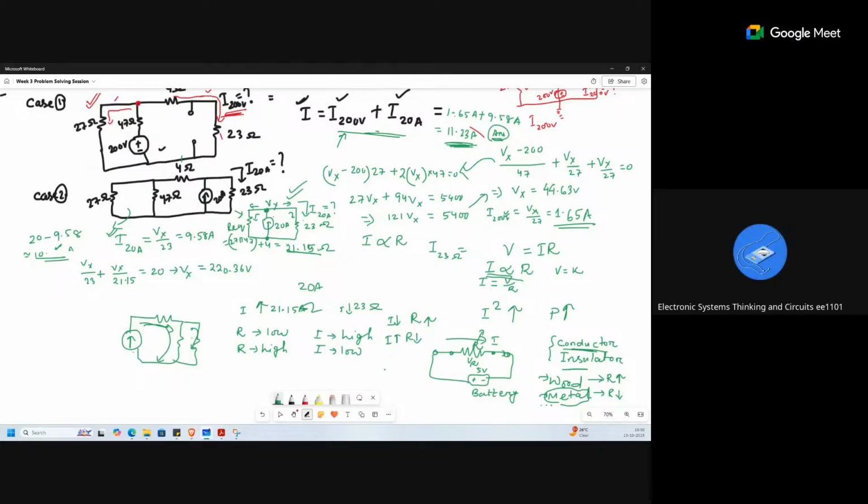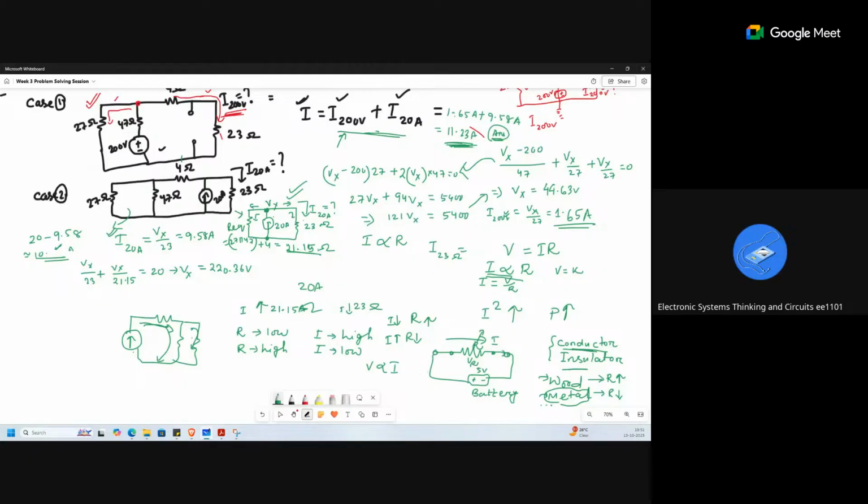So if I go to Ohm's law, it talks about the voltage, current and resistance relationship. Let me take it with the current relationship. Voltage and current are proportional to each other.